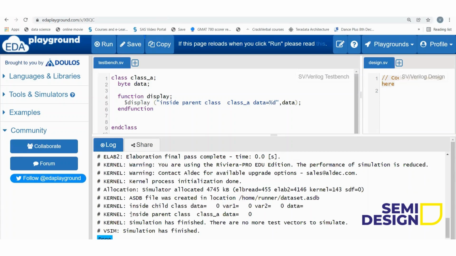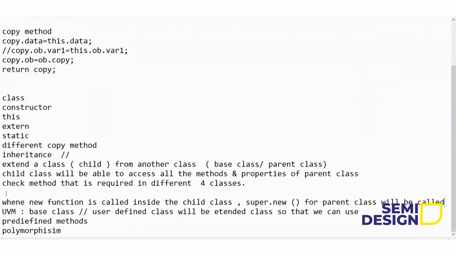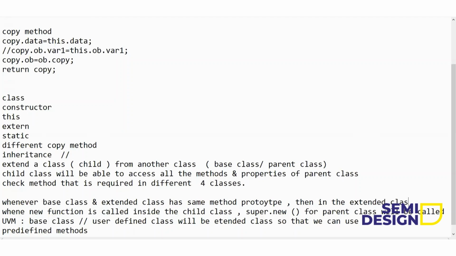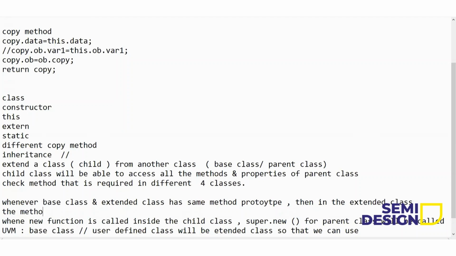Okay, so now inside the parent class. So what is this super keyword? Let me write here. Whenever the base class and the extended class have the same method prototype, then in the extended class the method gets overwritten.